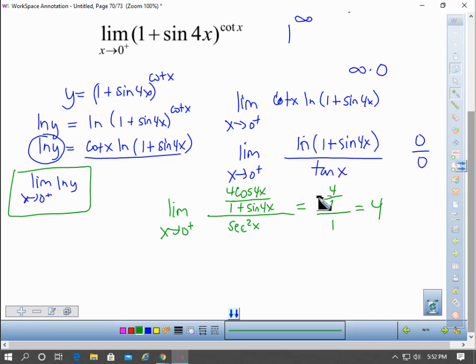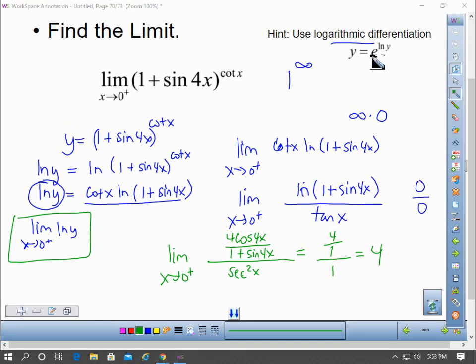All right, because what we just found is we found the limit of the ln of y. Okay, so now I've got to figure out what actually is my answer. Okay, so y actually equals e to the ln of y. What we just found is the limit of the ln of y, and that equaled 4.